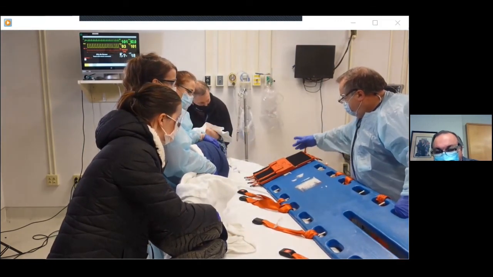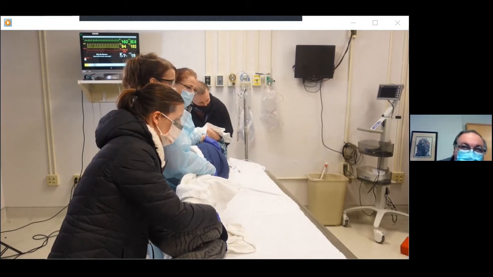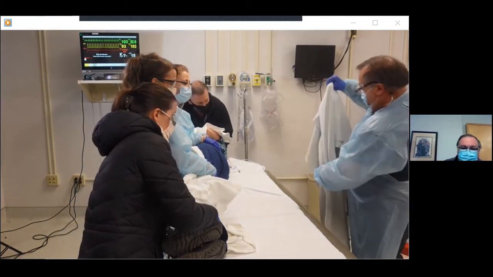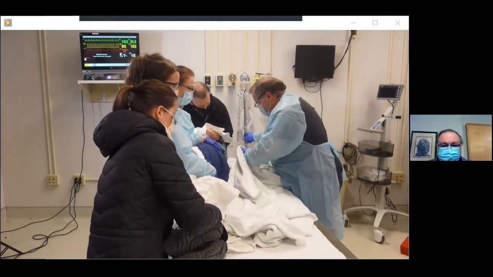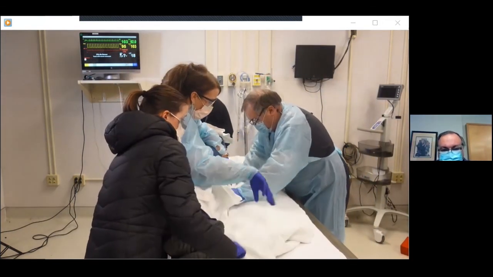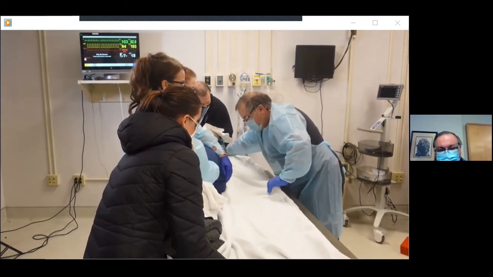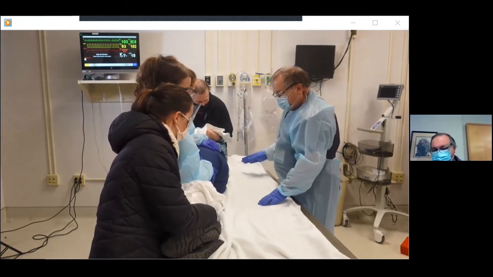And we're going to put some warm padded blankets down for her comfort. Go ahead and roll her back now. Right, count of 3. 1, 2, 3.